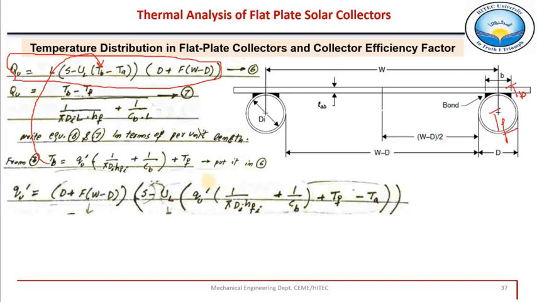So here is equation 6, in which this D plus F into W minus D is written here separately, and here S minus U_L into T_b is replaced with this term that is shown here, minus d A. Right.